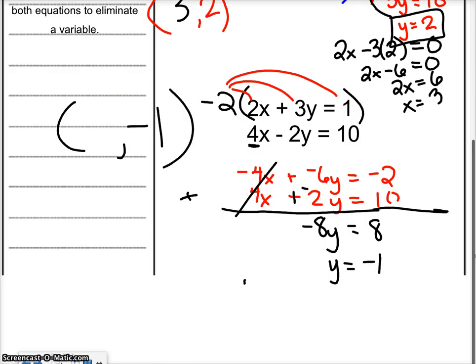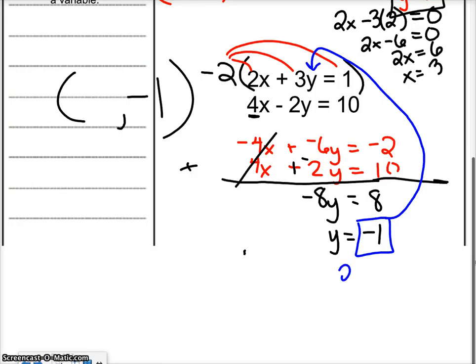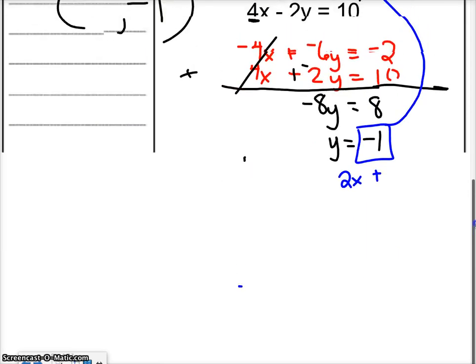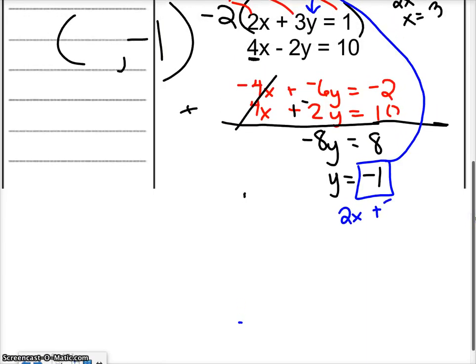Now where does that go? Into any of the equations. You choose. Whichever one you think is not ugly. And even if you think they're all ugly, you still choose one. So I'm going to put it on the top one because there's no negatives. So now I get 2x plus 3 times negative 1 equals 1. 2x plus negative 3 is 1.